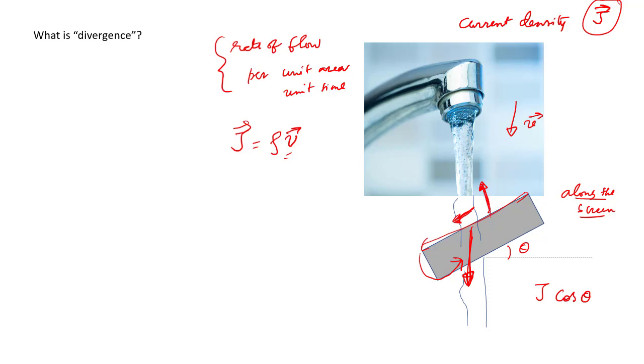So then I can define the flux as J dot the area of the screen, which is nothing but magnitude of J, magnitude of A, cosine theta. That's what I meant by only a component of the current density contributing to the flow across the screen.